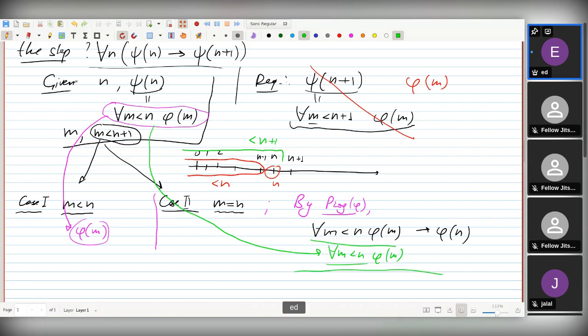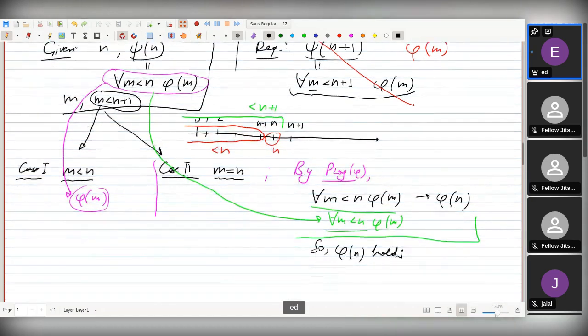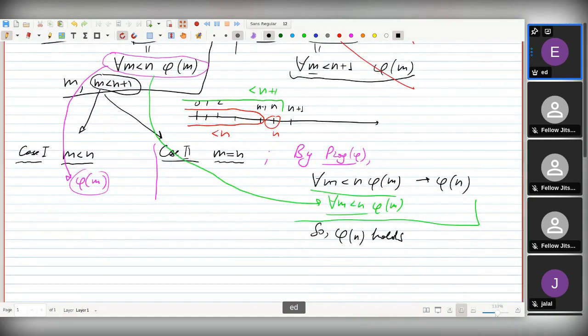So what is the result? So phi of n holds. But our m was just n.